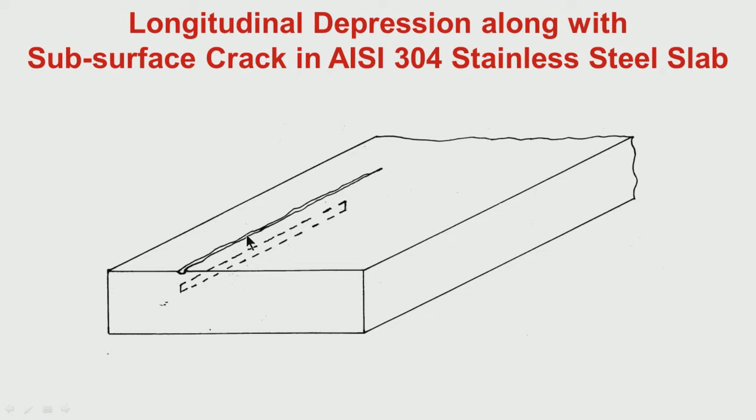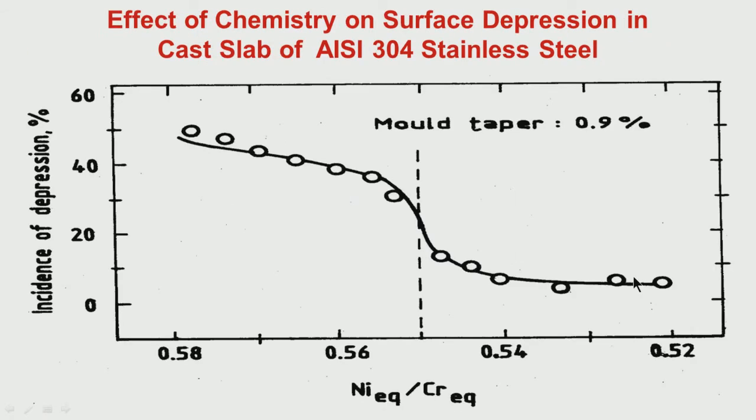We had depression on the cast product, below the depression there was subsurface crack which was not visible on the slab surface itself, but after rolling this subsurface crack will come to the surface and you have surface lamination sort of problem. So, how do we control it?